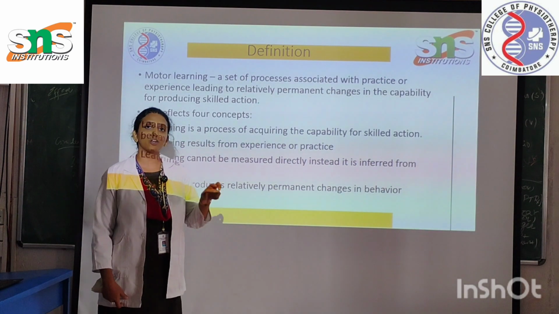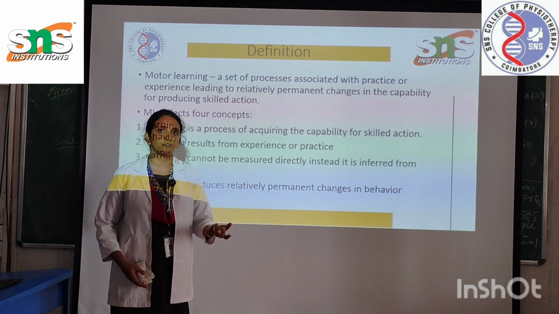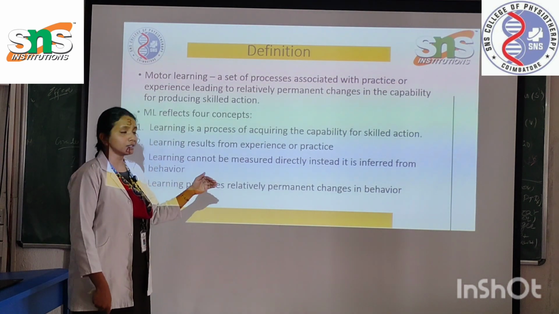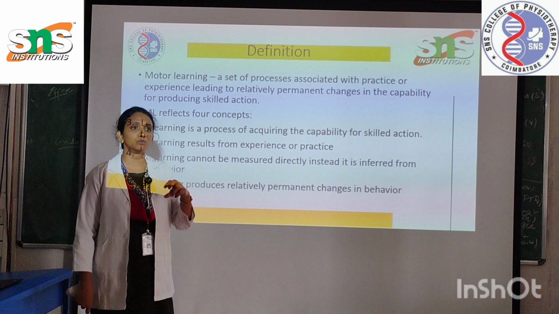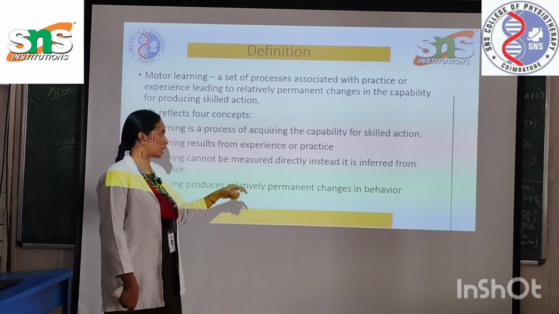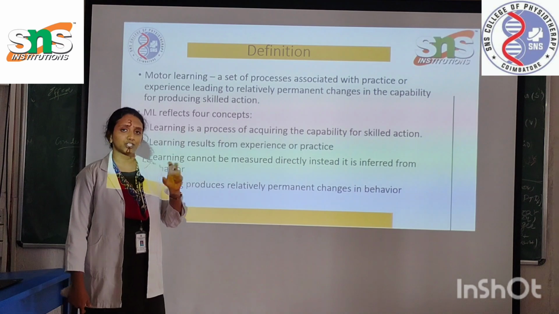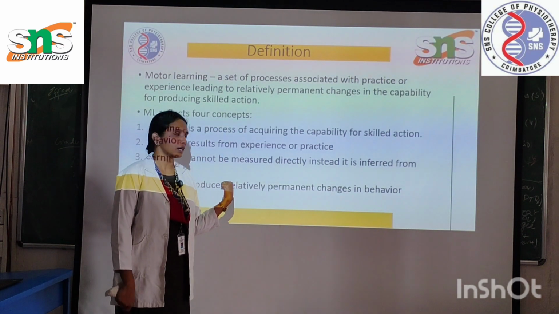Motor learning cannot be measured directly from someone's performance of the movement. Other than that, we can infer it from the behavior. We can ask the person to do the movement, observe how the movement is performed, and measure the achievement gained through practice or experience of the motor learning.